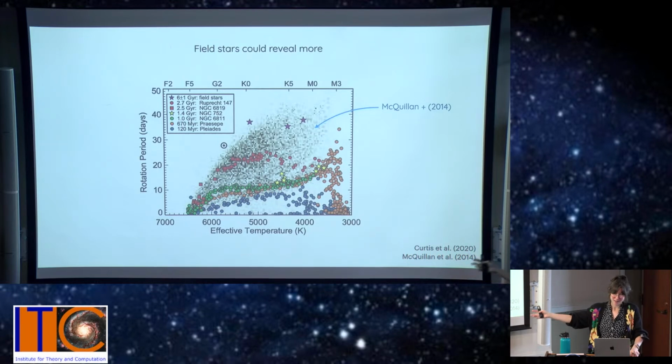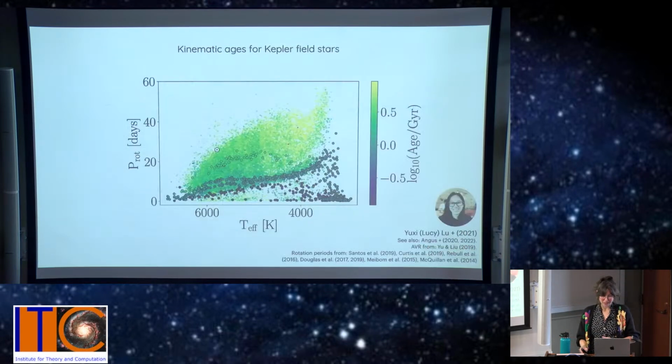These are field stars. It's difficult to get ages for them unless you can apply gyrochronology to them. And we can't apply gyrochronology to them because there's no data up here to calibrate gyrochronology, so we don't have ages for these stars.